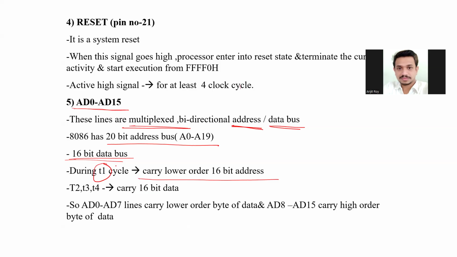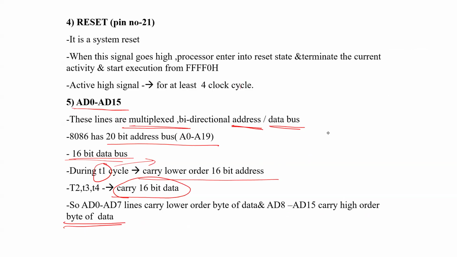So in the first cycle, it will first fetch the lower order 16-bit address. And T2, T3, T4 carry 16-bit data. So AD0 to AD7 lines carry the lower order byte of data, and AD8 to AD15 carry the higher order byte of data. So this is all about the address and data bus.